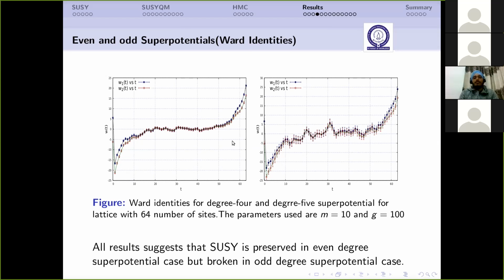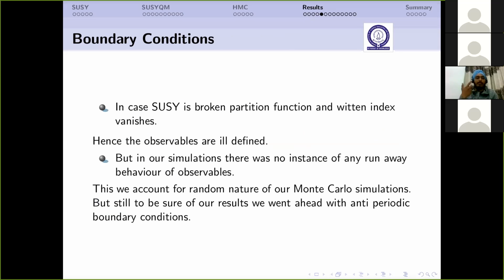Okay, but again, there is some discussion in the literature. People say that whenever we have supersymmetry breaking in certain cases, the partition function and the Witten index vanish.